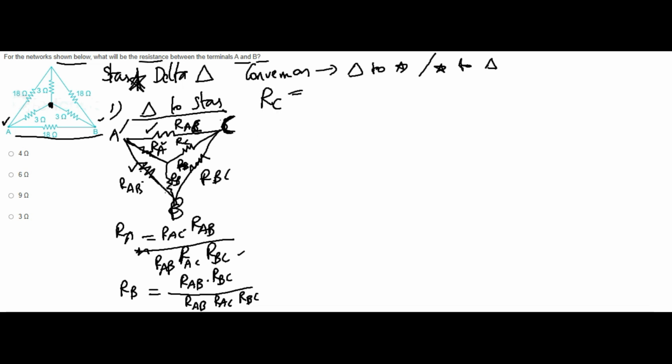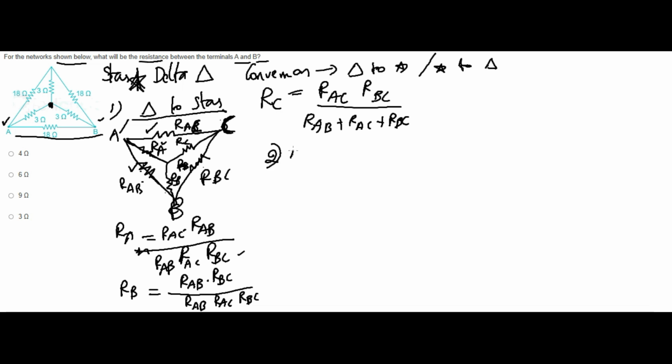RC is equal to, listen here, RC is in between AC and BC. So RC is equal to RAC times RBC, the whole divided by the same thing, RAB plus RAC plus RBC. This is the delta to star conversion.